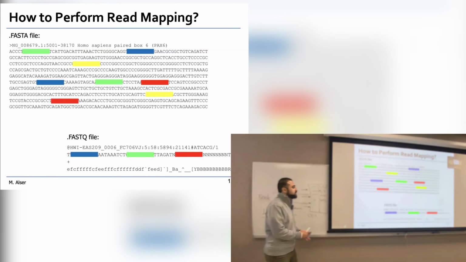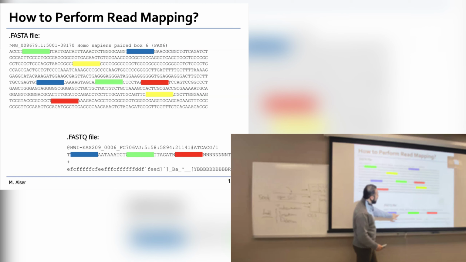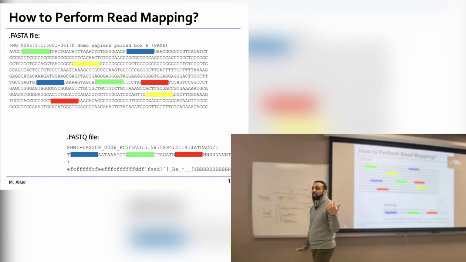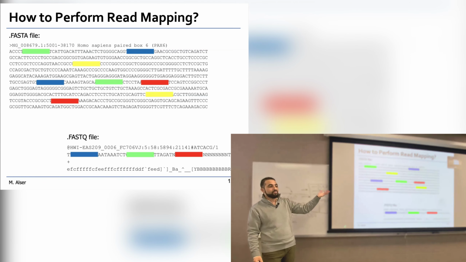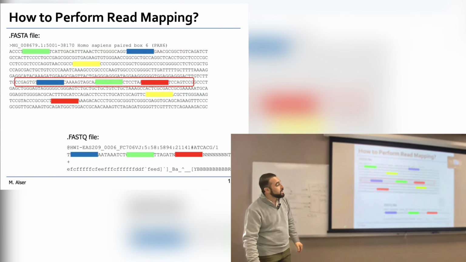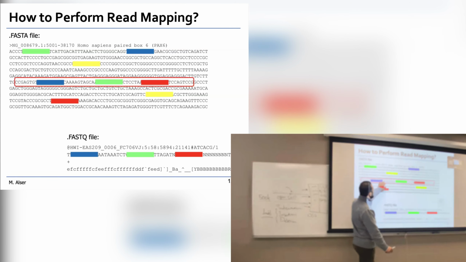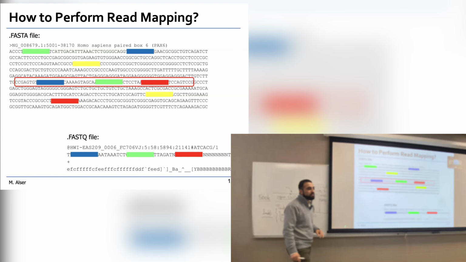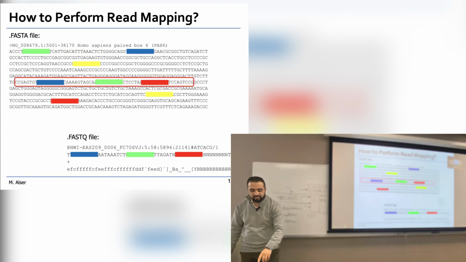Because it makes more sense to have the blue followed by green followed by red. If those are swapped, then probably this is a different sequence, and we cannot claim that this exists in the reference. So we do the exact same thing to the reference genome, and we decide that this is probably the best location that we could find in the reference that's related to the read sequence.